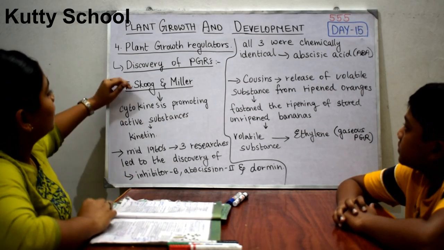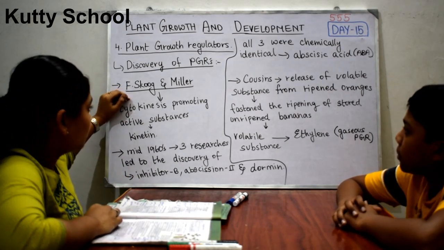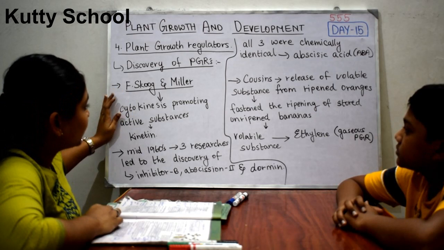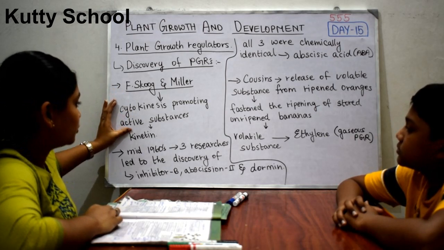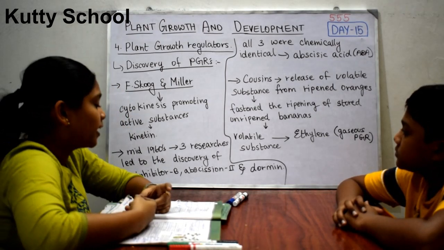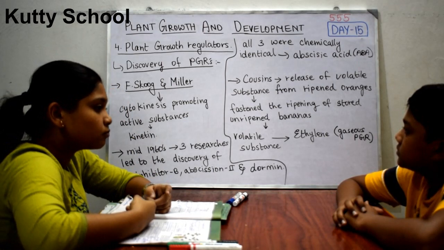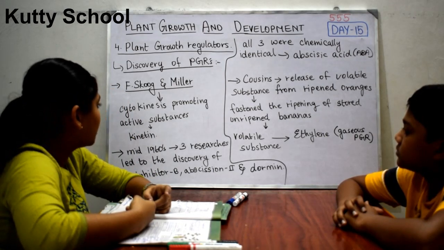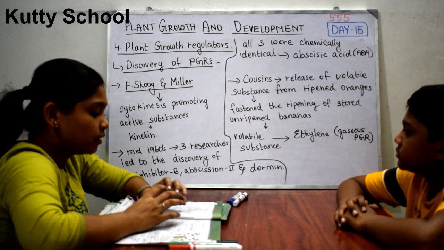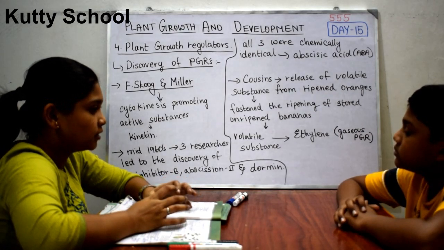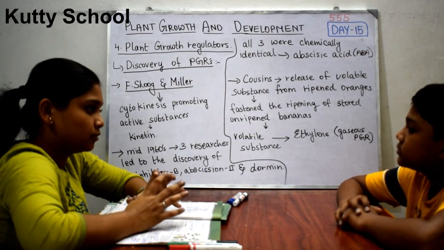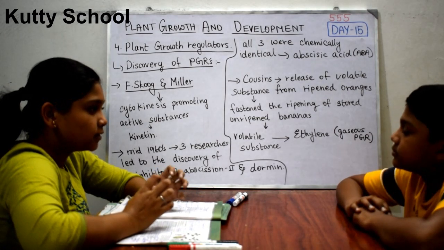Later F. Skoog and Miller found cytokinesis promoting active substances, okay. What is cytokinesis? Cytokinesis is what occurs after the division of the nucleus, which is karyokinesis. After the division of the nucleus, the cytoplasm also separates.